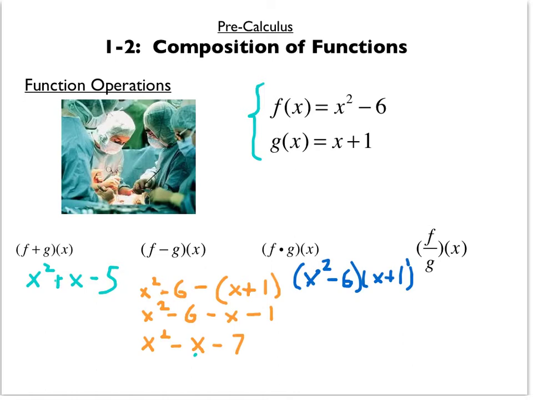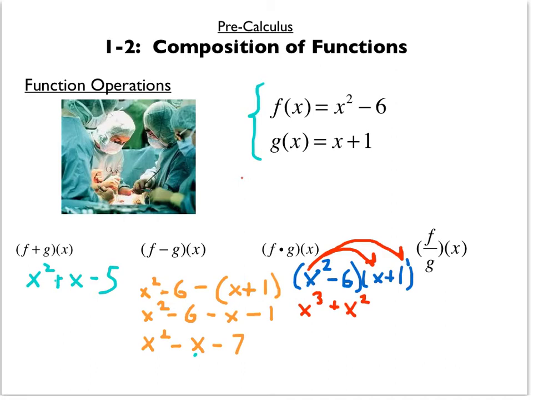I like to show what I'm going to be multiplying by. So here's my first two multiplications. x squared times x is x to the third, and x squared times 1 is just x squared. That's my first loop-de-loops, I call them.